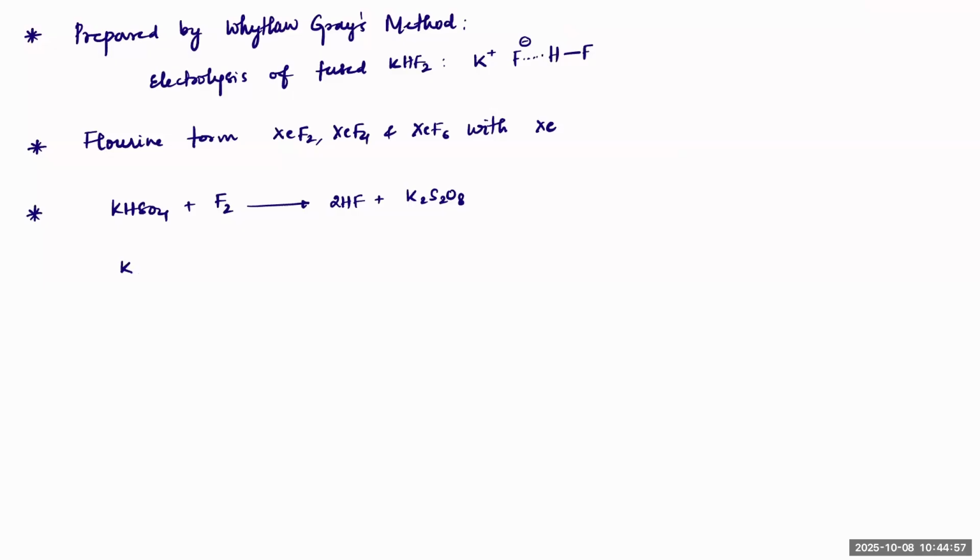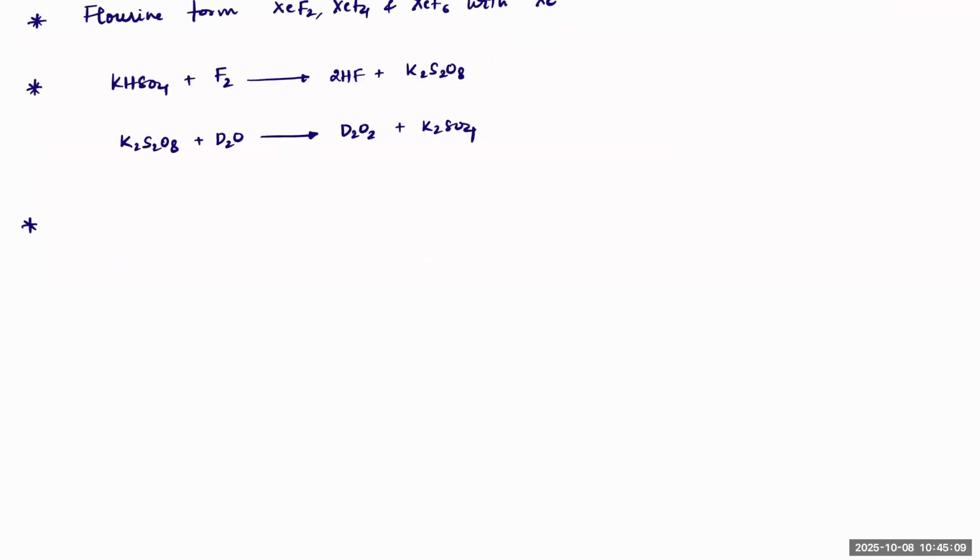K2S2O8 can be used with heavy water, so we can get D2O2 plus K2SO4. So that's how we can make the peroxide of heavy water.